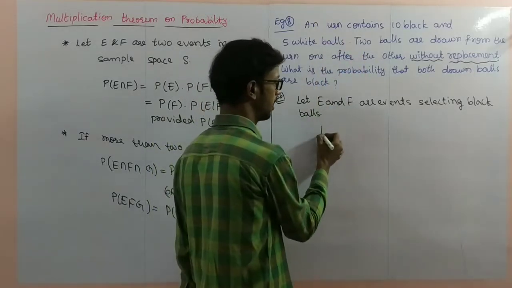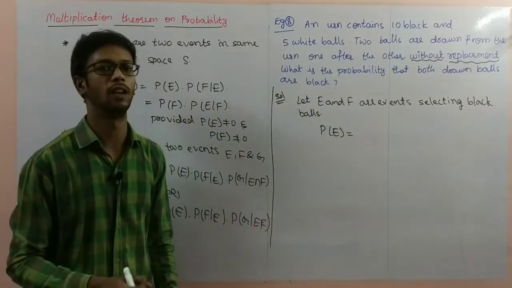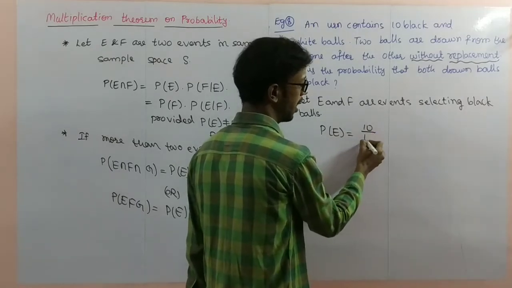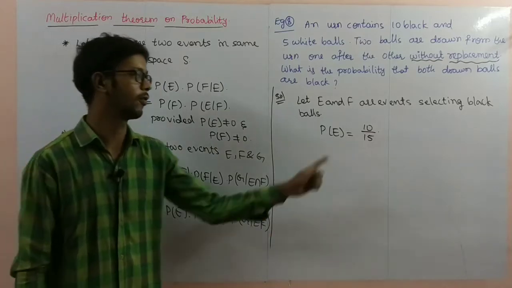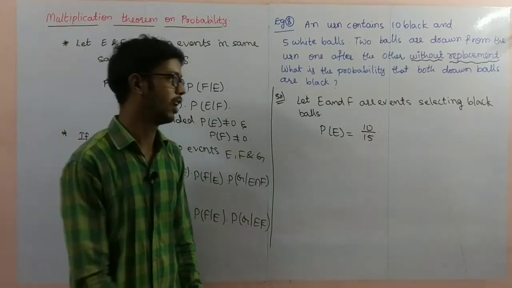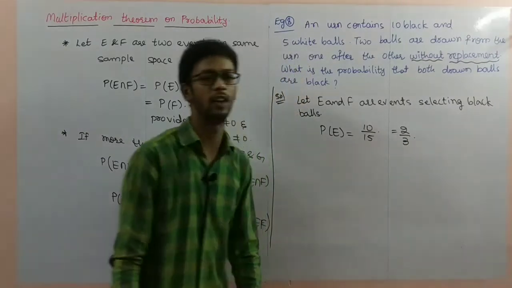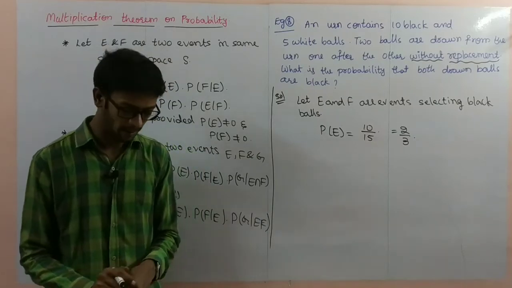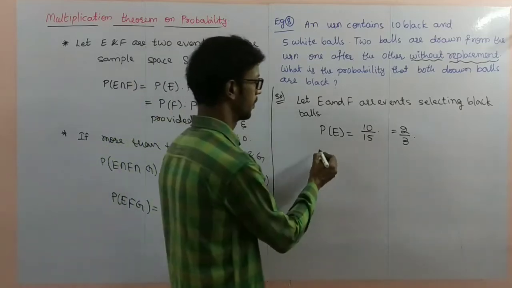Probability of E is equal to selecting a black ball: 10 favorable, total number of outcomes 15. So 10 by 15, which is nothing but 2 by 3, as 5 cancels. 2 by 3 completed. Next, I'll find probability of F by E.